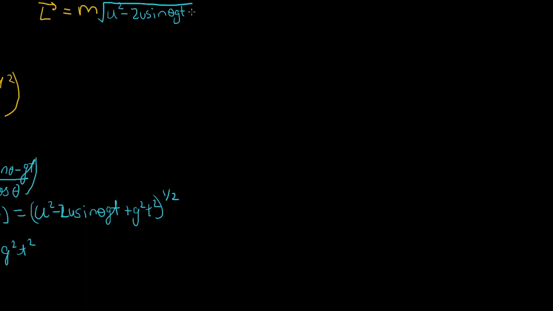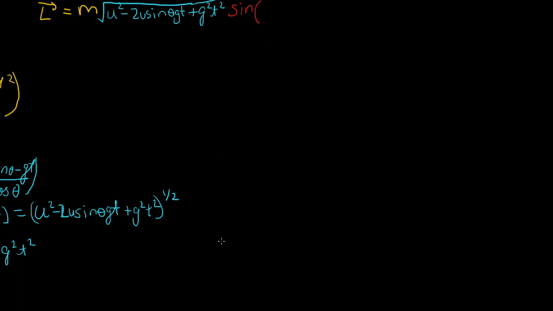This is the magnitude of the vector. Now we need to find the sine of alpha minus beta. I'll do this in a different color so that it's clear enough, in red, times sine of alpha minus beta.